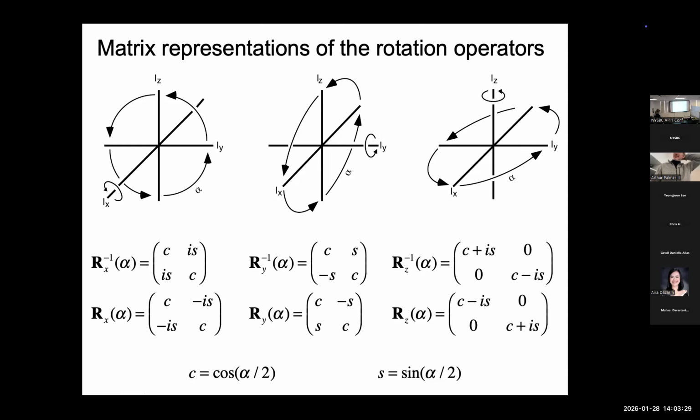So there's a certain kind of isomorphism between a real space and the space where we're rotating IX, IY, IZ. But mathematically, the details are a little different because one's a vector and the other is a matrix. One is a 3 by 1 vector and the other is a 2 by 2 matrix.